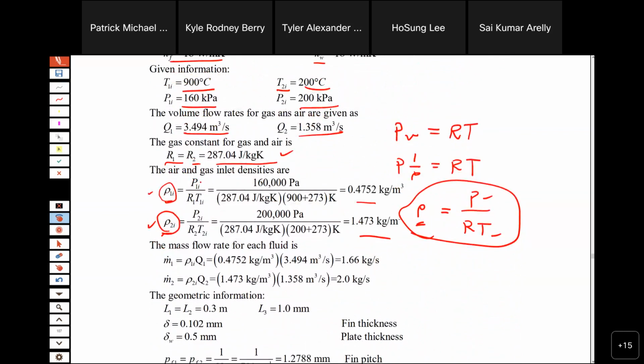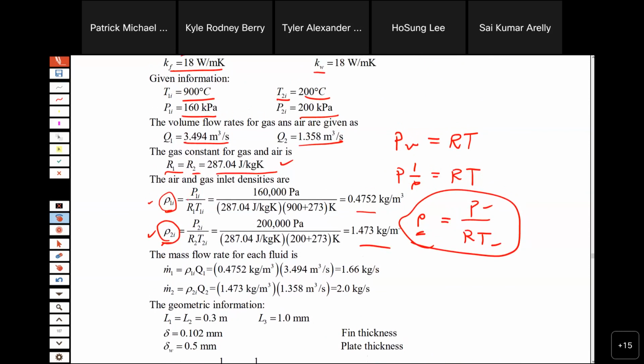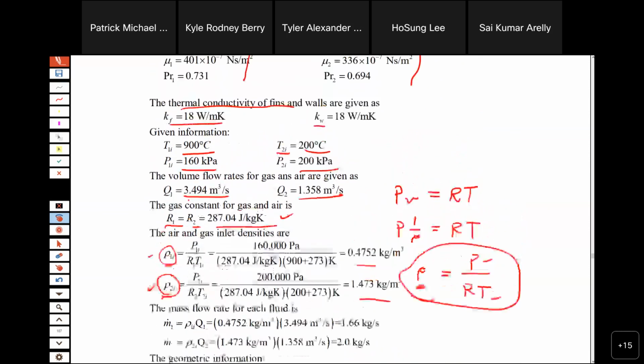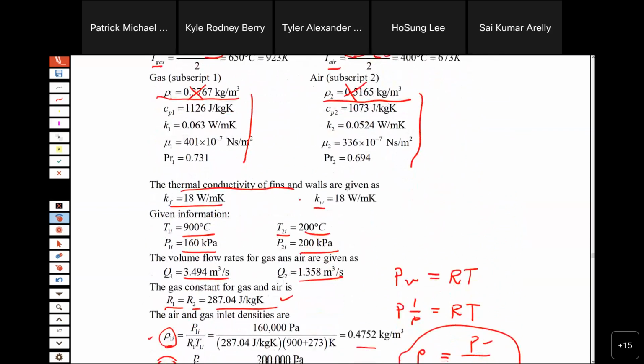They are off by like 0.2. I just didn't know if we should use the ideal gas law then. Yes, I think the table is at atmospheric pressure, so this is not good. Okay, so use, I see.